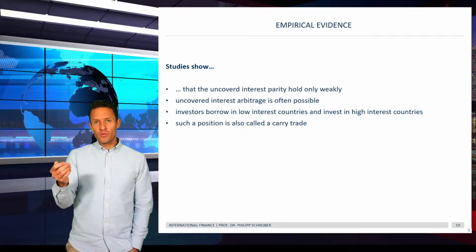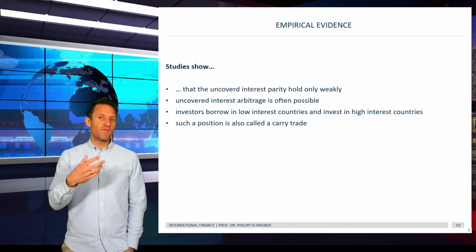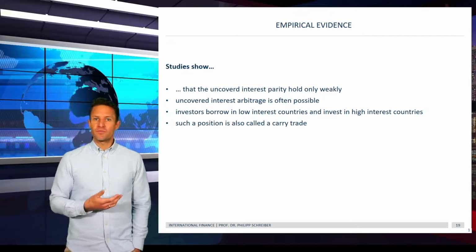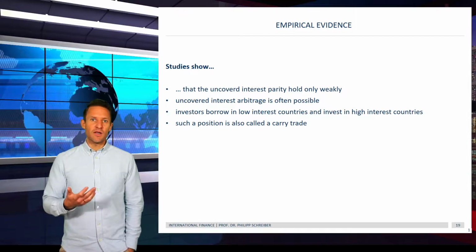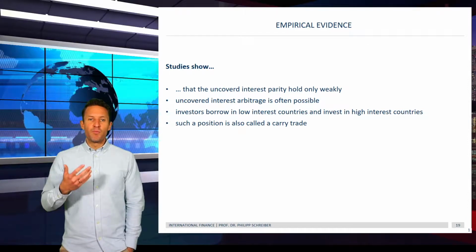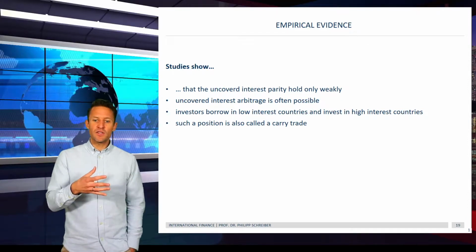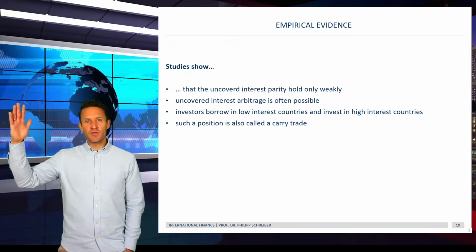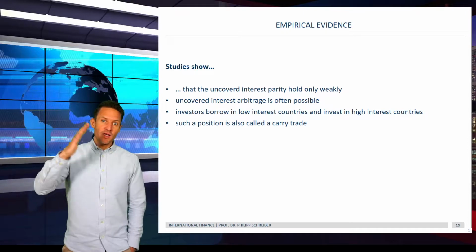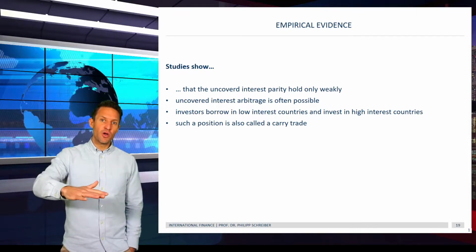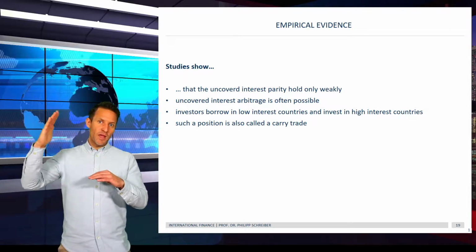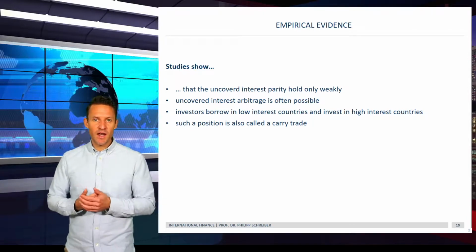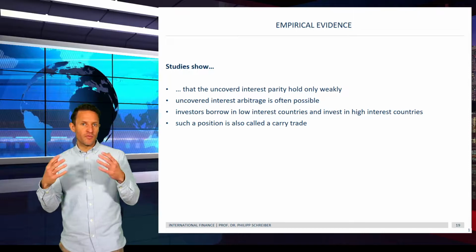So what we observe in the market is that big investors, hedge funds, investment banks, traders, borrow money in low-cost countries where the interest rate is low and invest in high interest rate countries. Normally, if all the parity would hold, this shouldn't make any profit. In our animated slide, the profit should be zero if a lot of people do it.